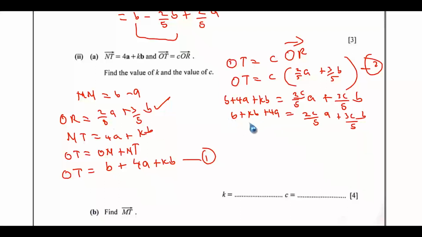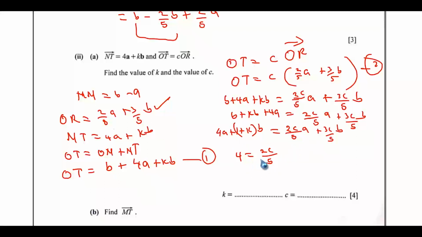So I can factor out B here. I can say (1 plus K) into B, then plus 4A. I can bring 4A to the front: 4A plus this will be equal to 2C over 5 A plus 3C over 5 multiplied by B. By comparison, 4 will be equal to 2C over 5, as A will cancel out.